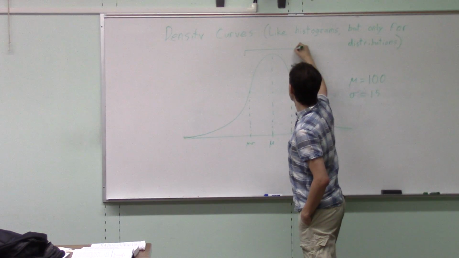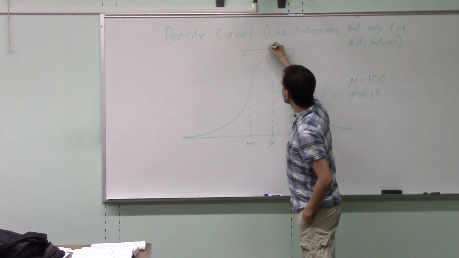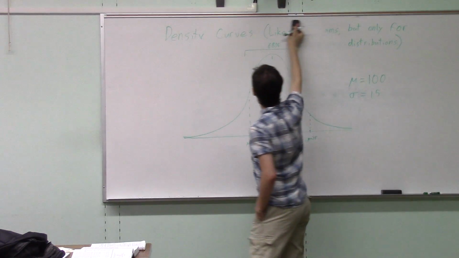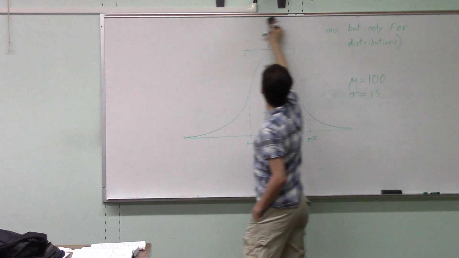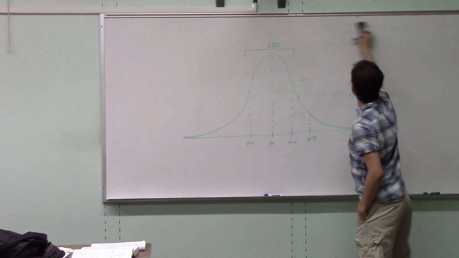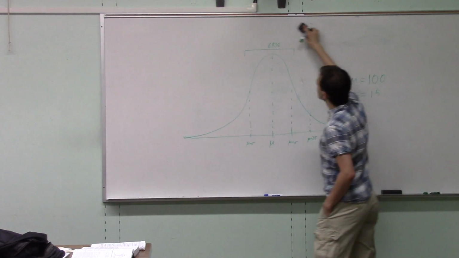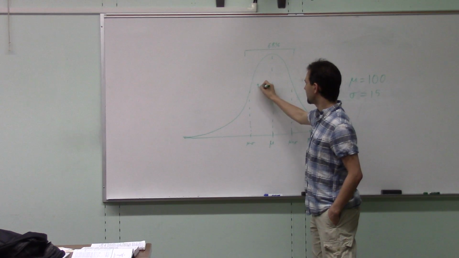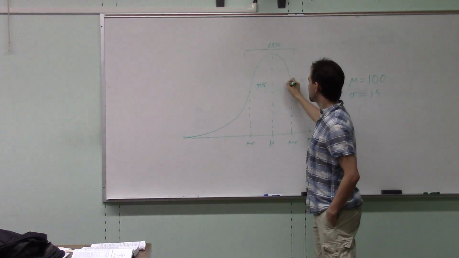I've mentioned that 68% of everybody is somewhere between a z-score of -1 and +1 on a normal distribution. That means that this zone contains 34% of the population.